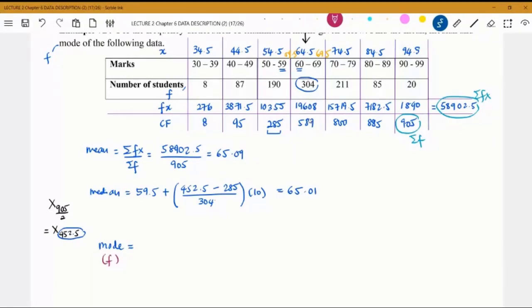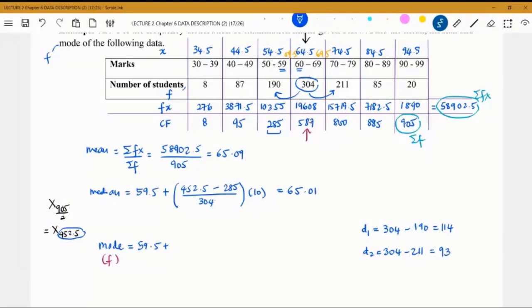So the highest frequency is on the same class as the median class, coincidentally. So we have the lower boundary, which is 59.5 as well, plus D1. D1 will be 304 minus the previous one, which is 190, and then D2 is 304 minus the one after, 211. So D1 is 114, and D2 is 93.